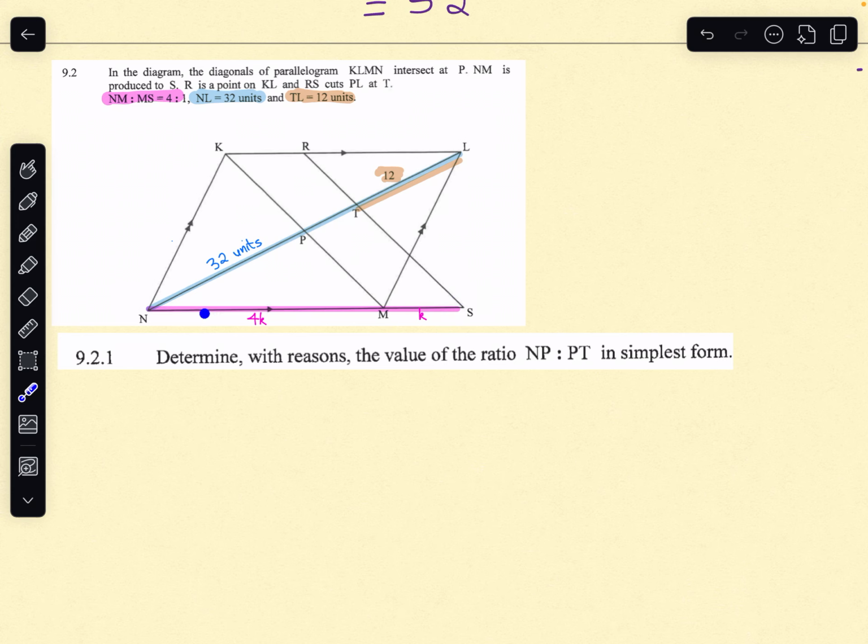Are these sides parallel? No one said so. Absolutely no one said so. How else can I find the ratio between these?